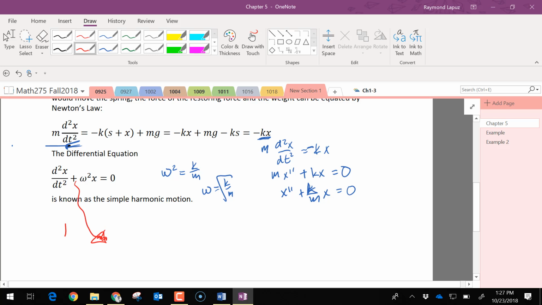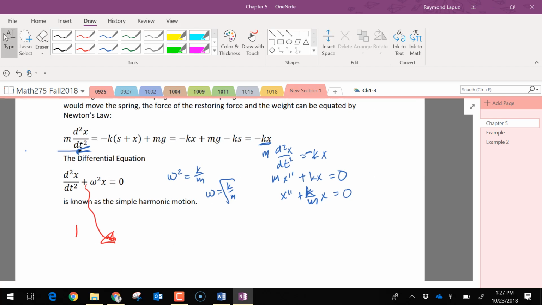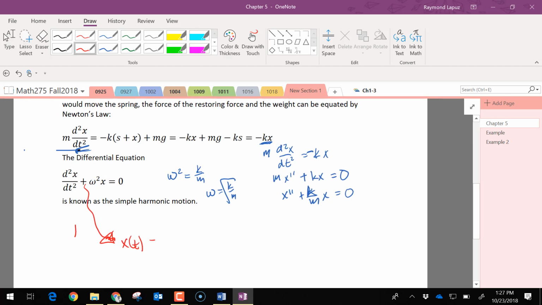Because this is a plus, omega squared is positive and x is positive. When you bring that over and solve the equation, it's always going to be an imaginary number. And so your solution here is always going to be C1 cosine omega t plus C2 sine omega t.